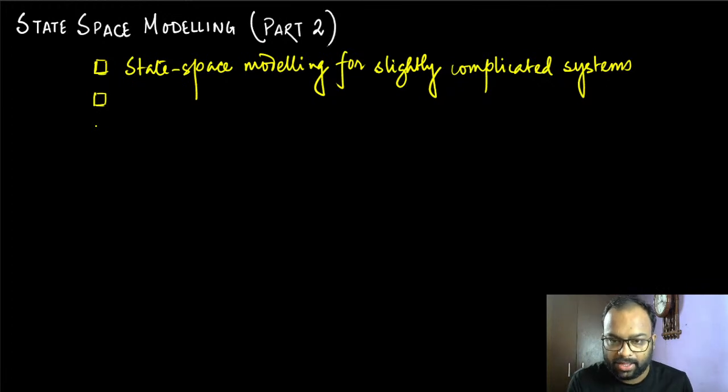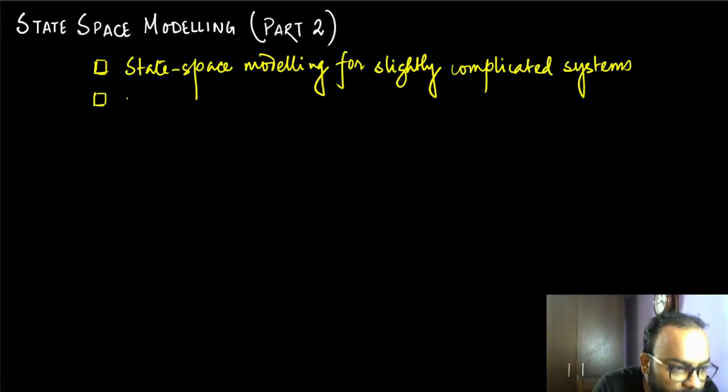Let me repeat: a single system that has a unique transfer function model would have infinitely many state space models. The problem is that sometimes we describe the same system by a seemingly different looking state space model. But today we're going to develop a technique in which you can get the same transfer function back from seemingly different state space models.